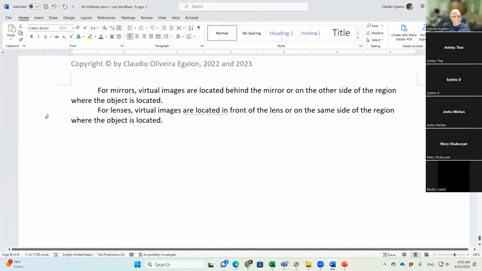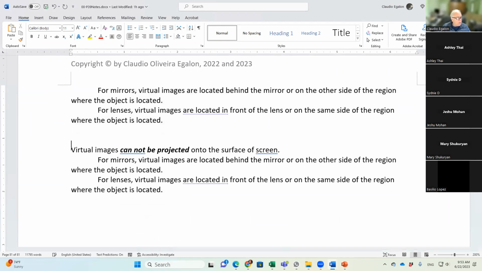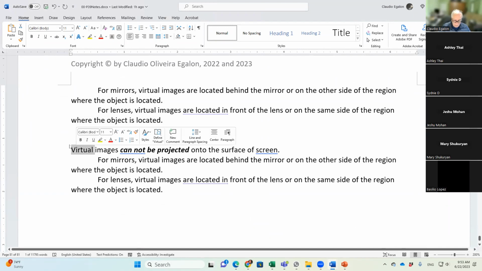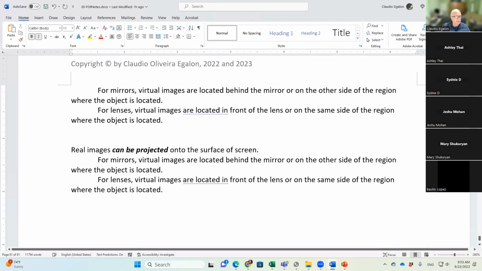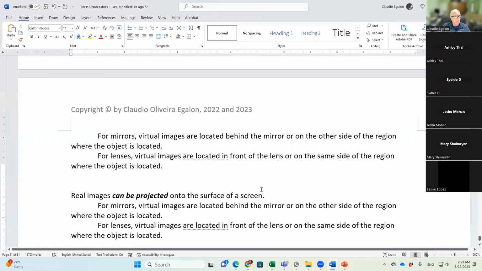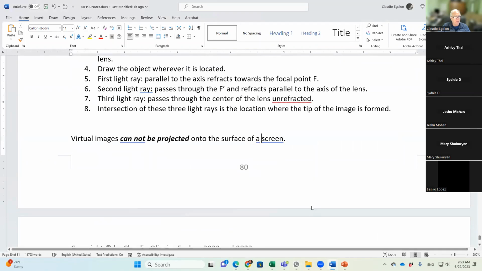Real image is all the way around. Real images can be projected onto the surface of a screen.